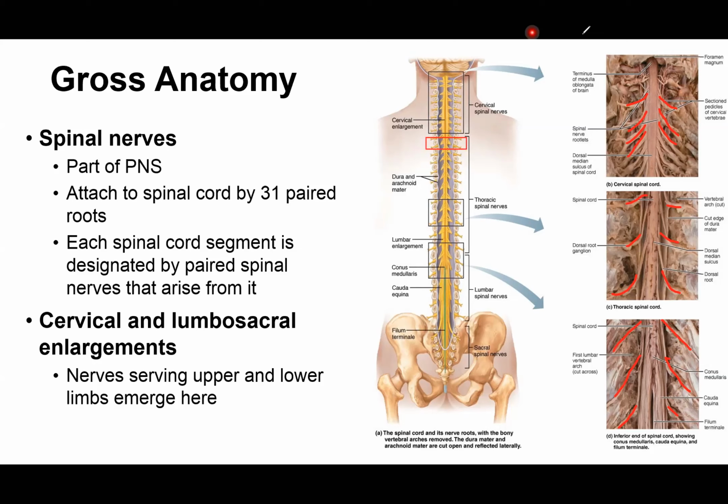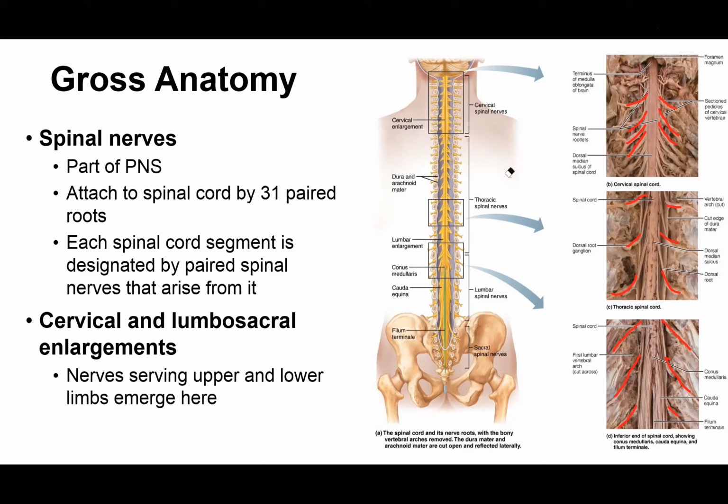So here and here, you can see the two vertebrae, and the spinal nerve is coming out in between the two vertebrae.